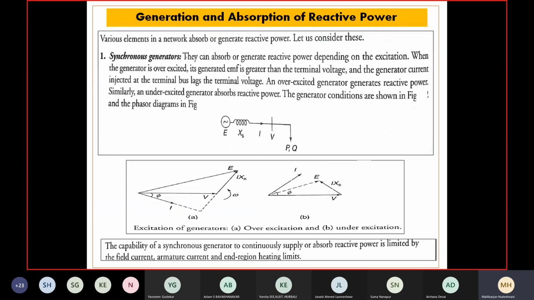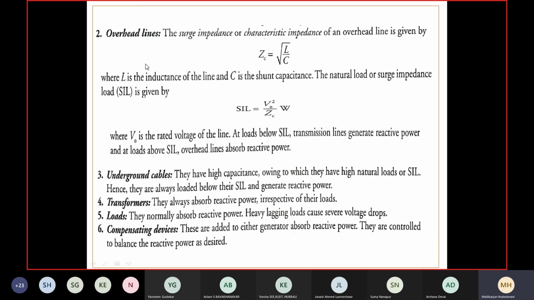One is the synchronous generator, where we have an option of generation and absorption of reactive power. The second is overhead lines, the transmission lines, where we generate electricity at resources, however they are scattered around the geographical periphery.